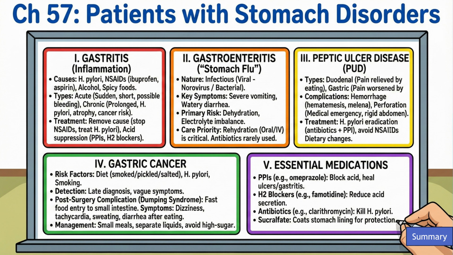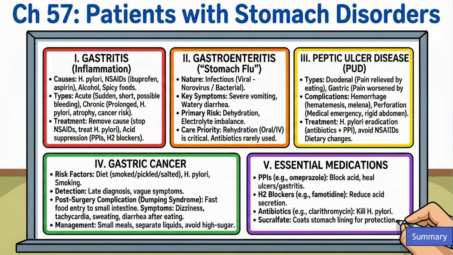Medical treatment is surgical resection, gastrectomy, chemotherapy, and targeted therapy. For the nursing, it's to support nutrition, manage post-op, provide emotional support, give small meals, separate the liquids, and avoid high sugar.